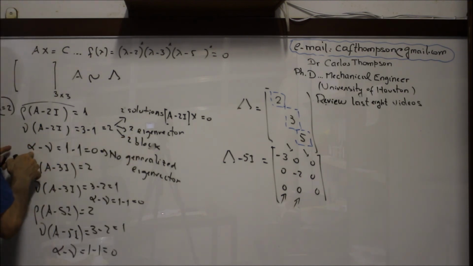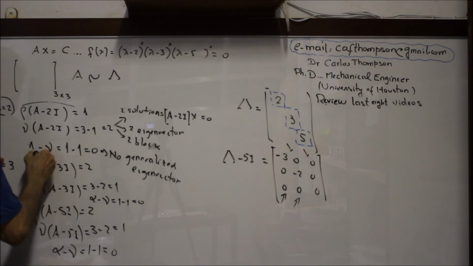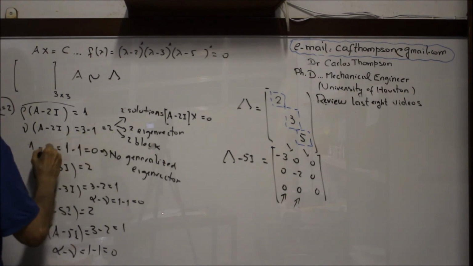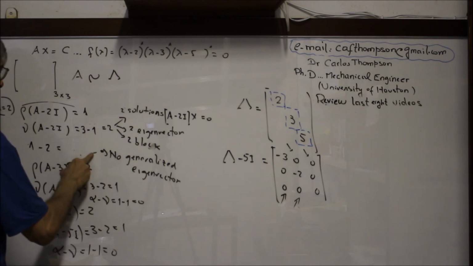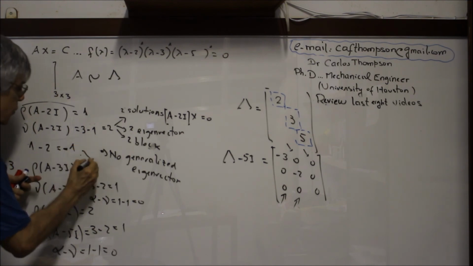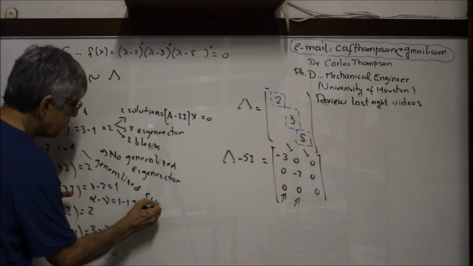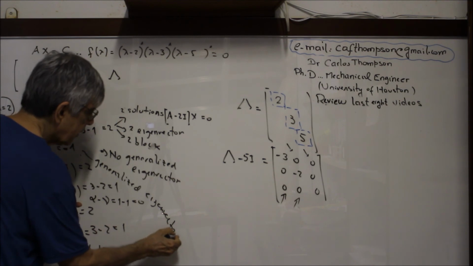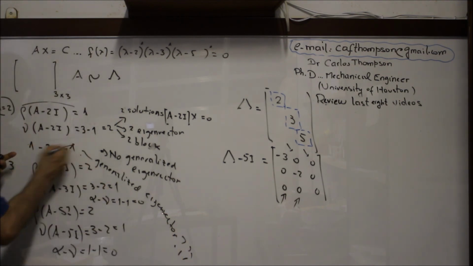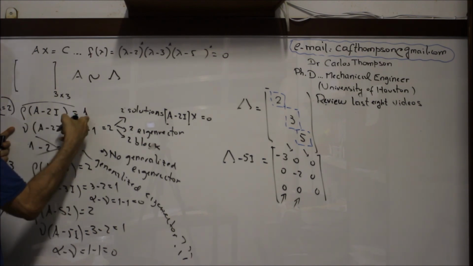Now, the multiplicity minus ni, the multiplicity is 1, minus 2 is equal minus 1. You see, this does not exist, okay? Because how can I have minus 1 generalized eigenvector? How? Doesn't exist. So I cannot put here rho of A minus 2I is equal 1.